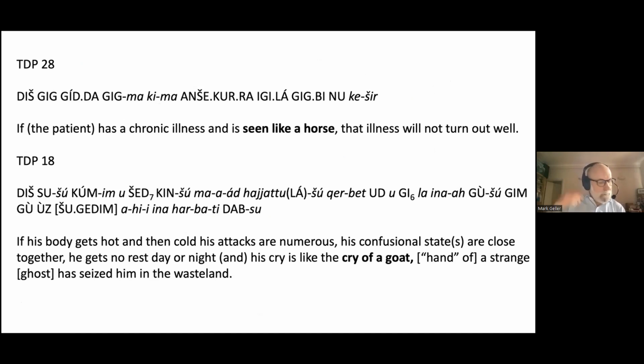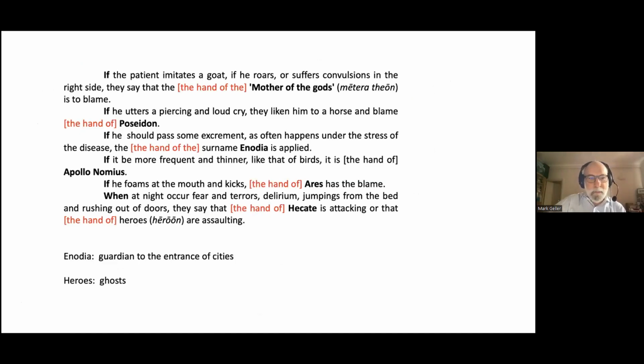And even the gods: Enodia is the guardian of the entrance of the cities. This is very much like the reference to the hand of a city god. And the heroes are very much like the frequent references to the hand of the ghosts, which we get in the Diagnostic Handbook. So this is a passage that I think deserves much more study.